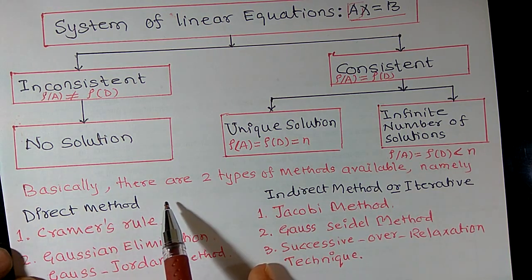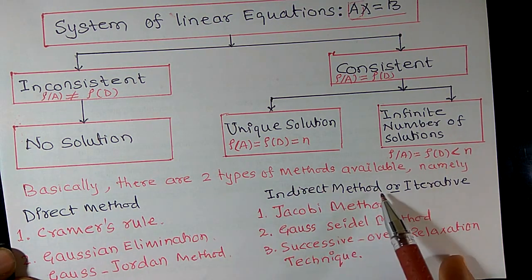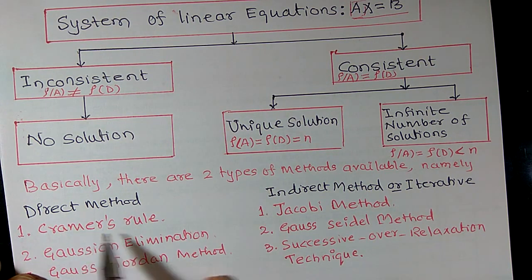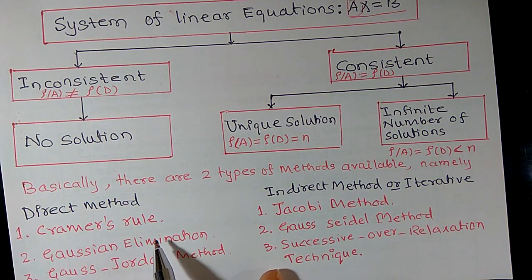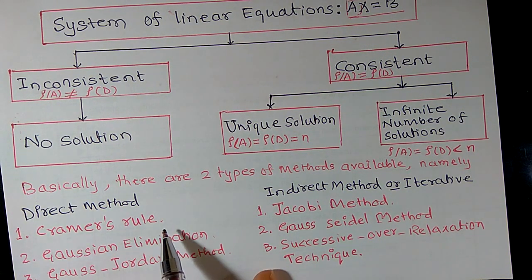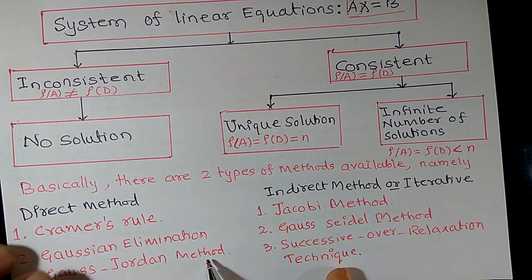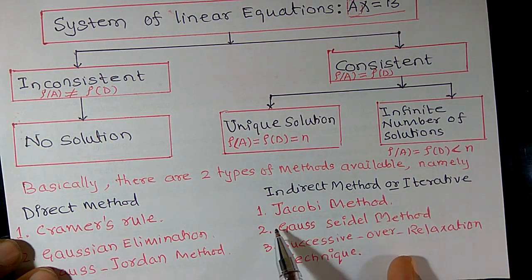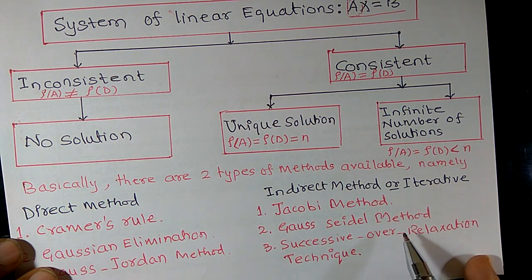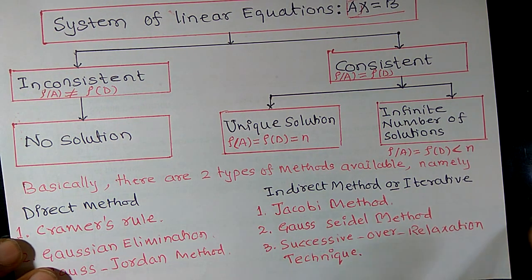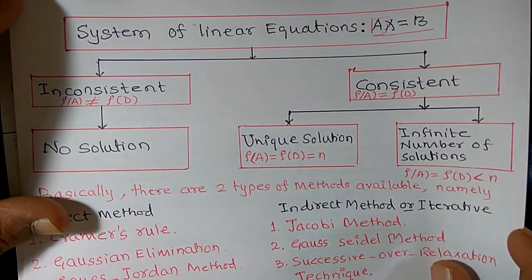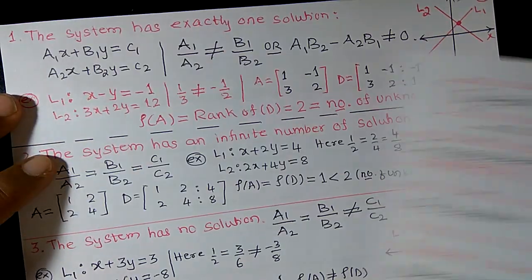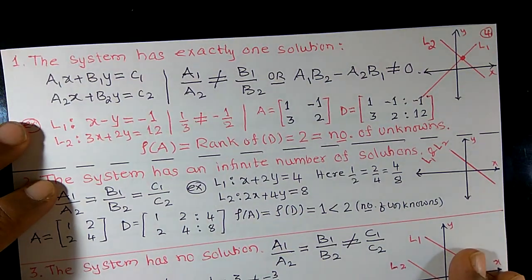Basically there are two types of methods available, namely direct methods and indirect or iterative methods. Direct methods mean we can use Cramer's rule, Gaussian elimination, or the Gauss-Jordan method. Indirect or iterative methods mean the Jacobi method, the Gauss-Seidel method, and the successive over-relaxation method. By using these methods, we can find the solution of a system of equations.